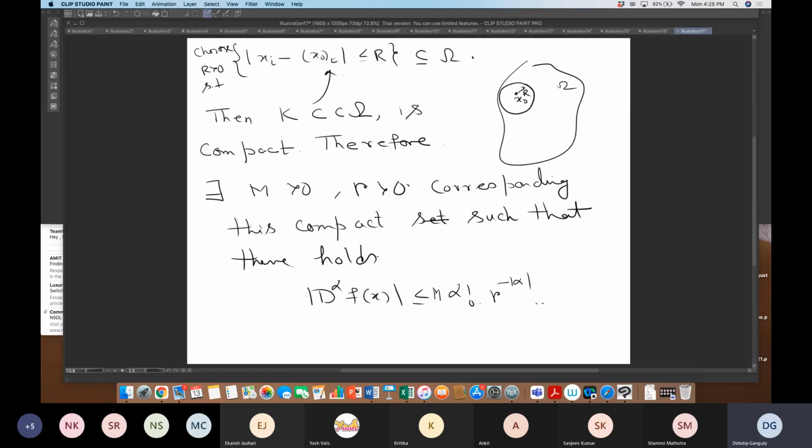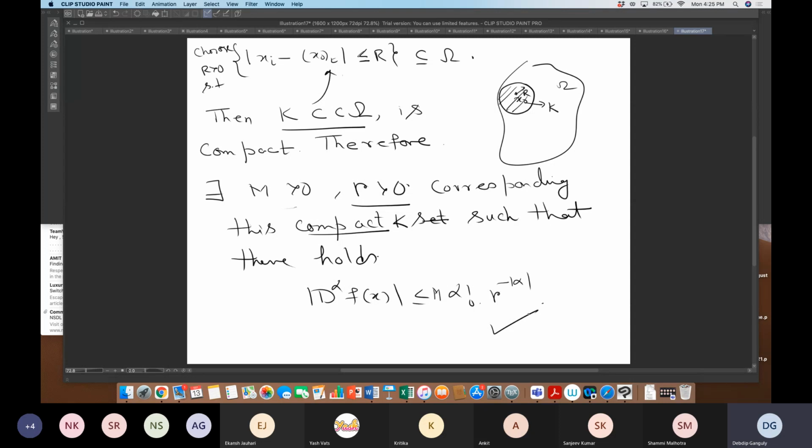This holds true. So I choose any point x naught, take an open and closed neighborhood around x naught, |x minus x naught| less than or equal to r, and choose that r such that this is contained in omega. Then K is a compact set contained in omega. So corresponding to this compact set K, there exists an M and R positive such that this holds. Is that clear?